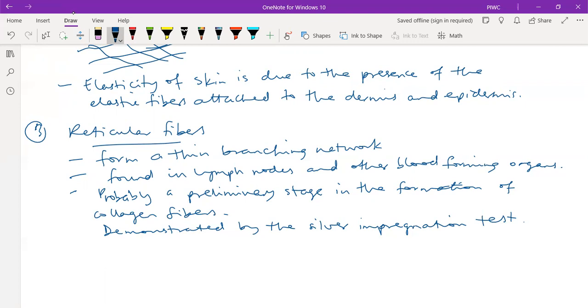You can demonstrate them using the silver impregnation test.